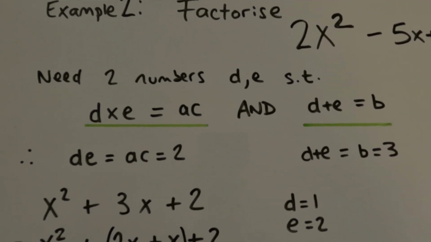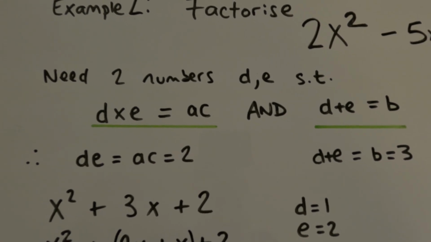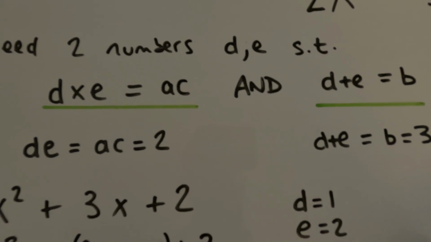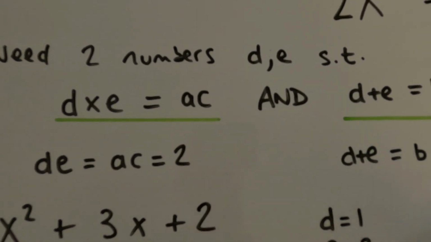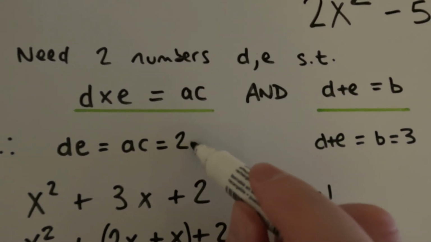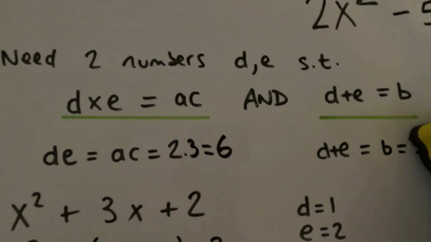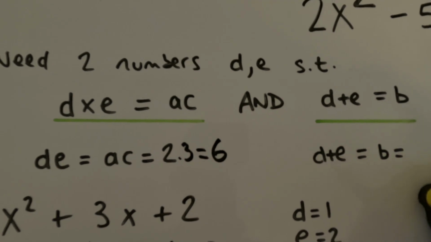So we want two numbers that multiply to give us AC, and we want two numbers that add to give us B. AC in this case is now going to be 2 times 3, which is 6. And B is obviously minus 5. It's not 3 anymore.